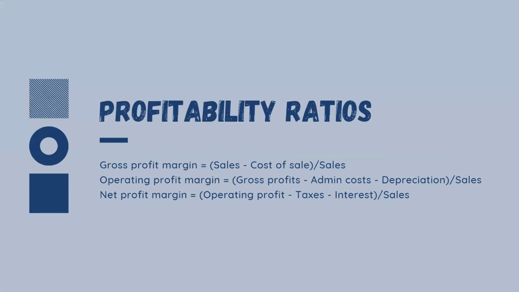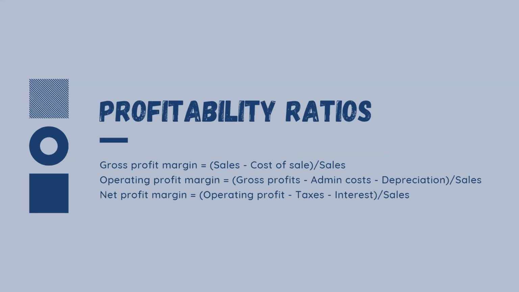With profitability ratios, we have a few margin ratios, like gross profit margin. That is equal to the gross profit divided by revenue, or the difference between sales and the cost of sales divided by sales.